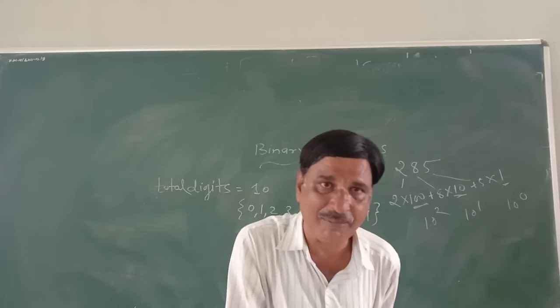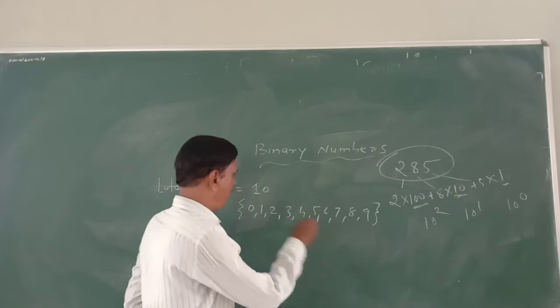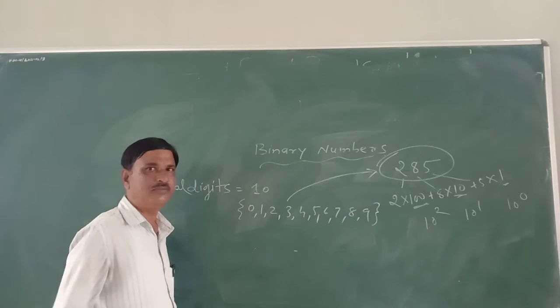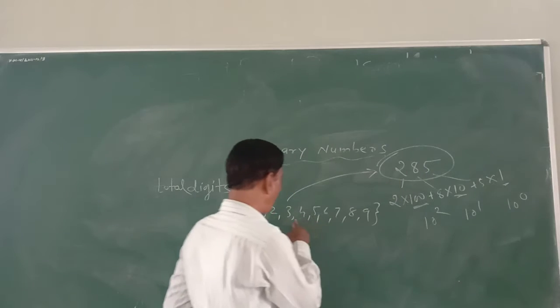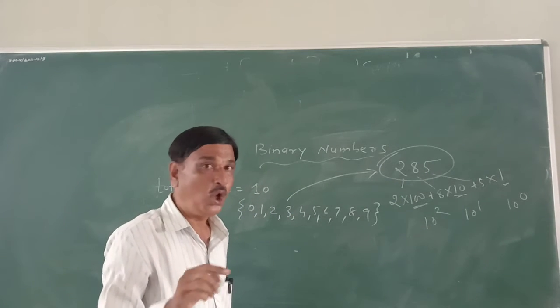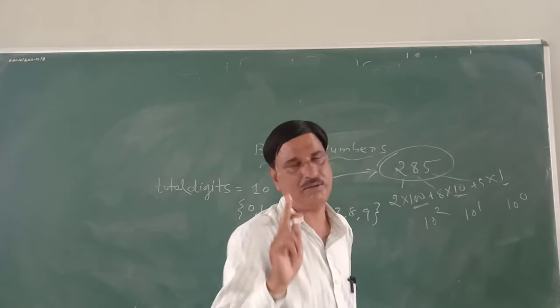It means in the decimal number system, any number is created from this digit sequence. You see, 285 is coming from the same digits. So these are called digits, and this is called a number.